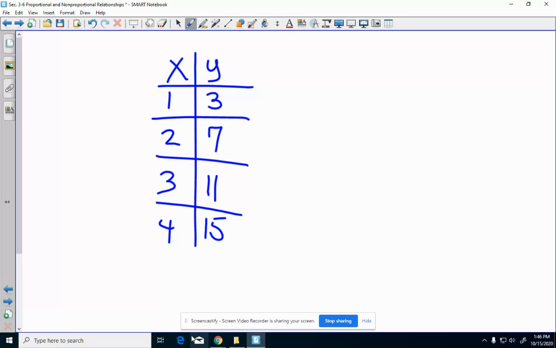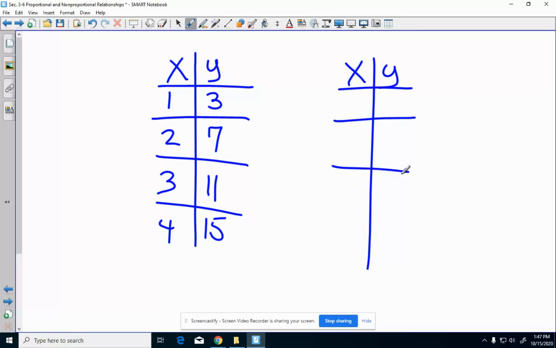Okay, so in your x values, they go up by 1 every time, and in your y values, they go up by 4. So we would say that this has a slope of 4 over 1, right? It doesn't have a constant of variation because if you look at y divided by x, you don't get the same answer every time that you would in something like this.